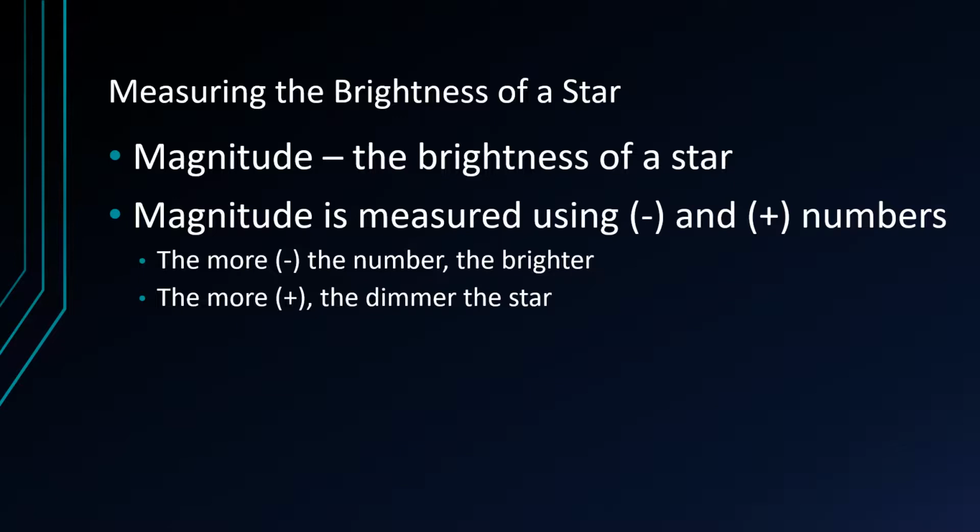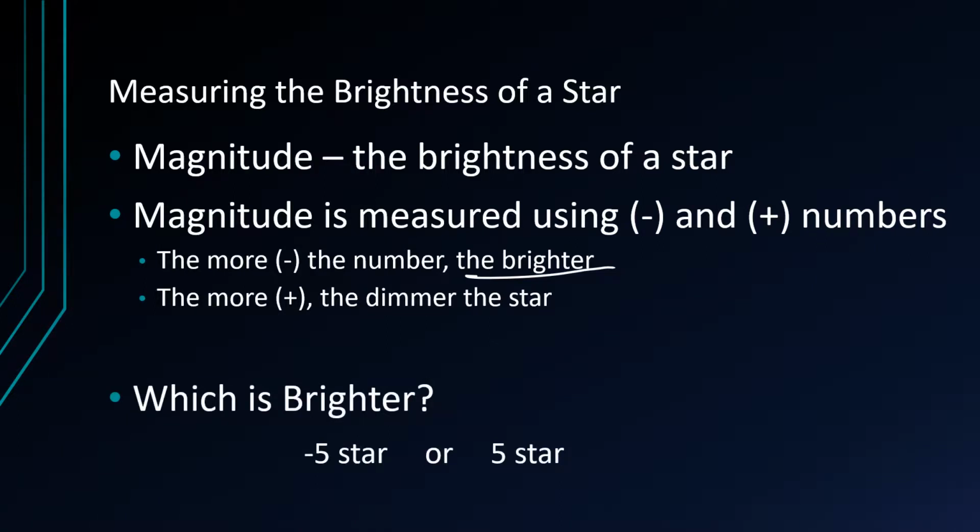And so negative numbers are actually brighter in this case, and positive numbers are dimmer, kind of based off of like camera aperture kind of stuff. But anyway, if we were to look at a question like which star is brighter, -5 or 5? In this case, -5 is a brighter star.